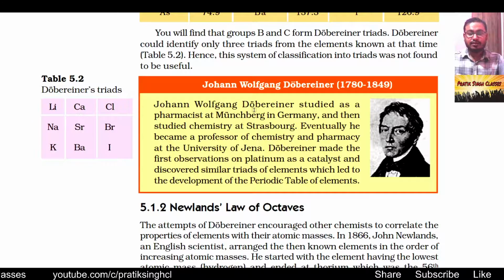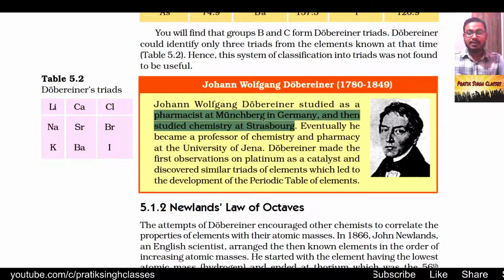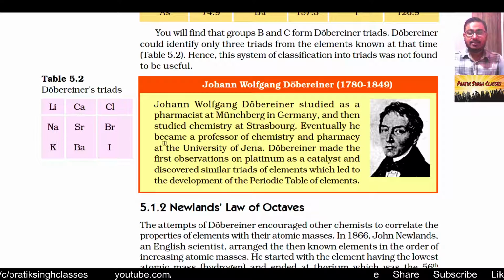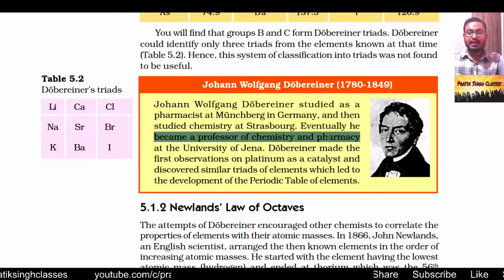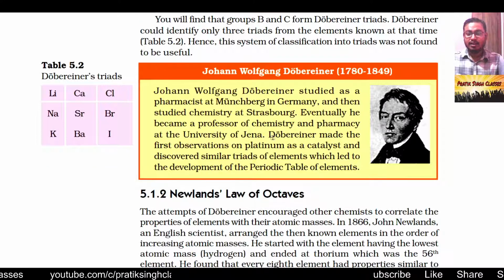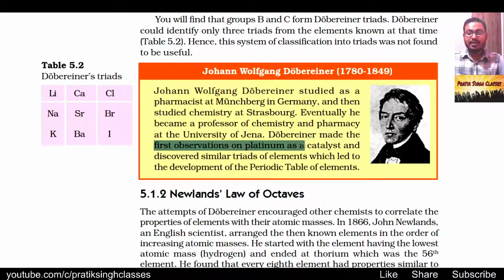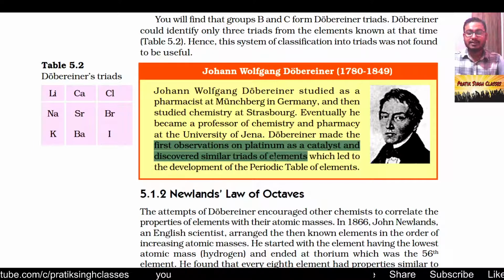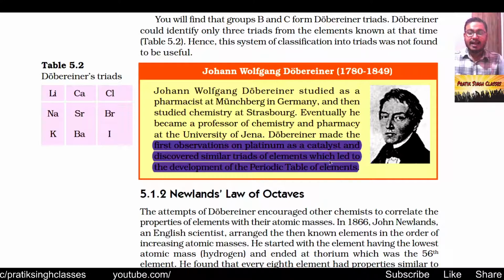And about him, it is given here. Johann Wolfgang Dobereiner studied as a pharmacist at Mecklenburg in Germany and then studied chemistry at Strasbourg. Okay, both the places are in Germany. Eventually, he became a professor of chemistry and pharmacy at the University of Jena, and this university is still running now. Dobereiner made the first observation on platinum as a catalyst and discovered similar triads of elements, which led to the development of periodic tables of elements at that time.